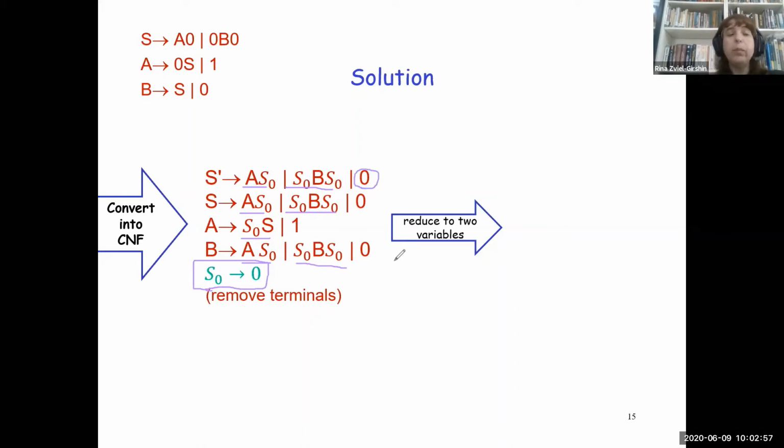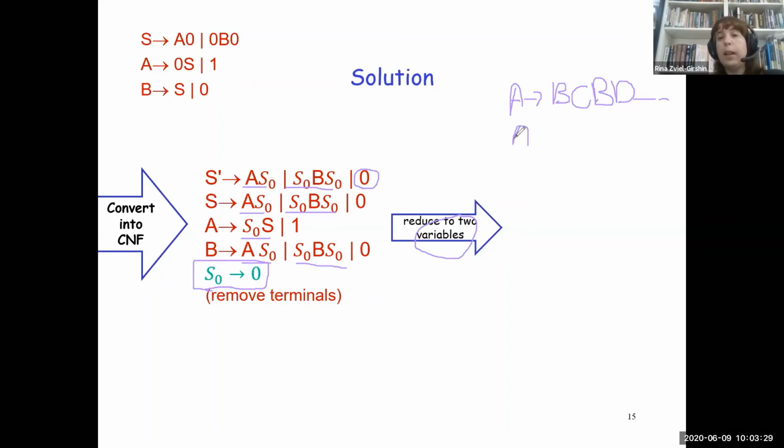Okay. The next step. I need to find all the right-hand side rules which have more than 2 variables. I need to find all the rules where I have at least 3 variables. I can have more. And I need to rewrite those rules with having only 2 variables. So how can I do it?